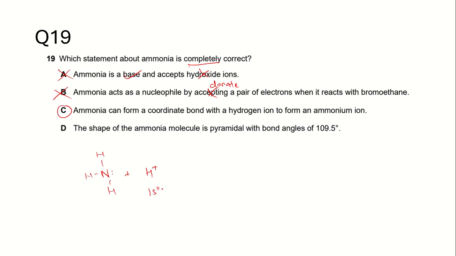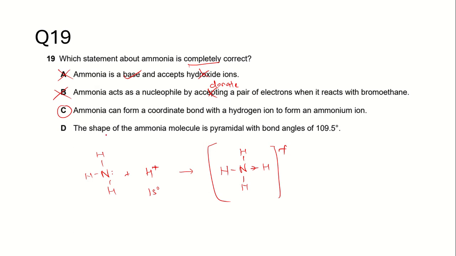Because it loses its only electron, that's why it became hydrogen ion, H plus. So it has an empty orbital to accept the lone pair. So a coordinate bond or dative bond is formed between nitrogen and hydrogen here. Okay, ammonium ion is formed. So C is completely correct.